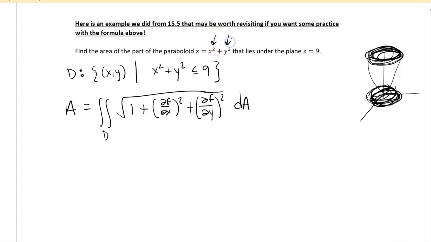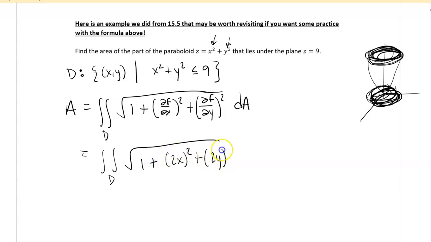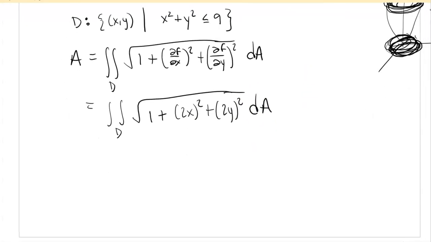Looking at our partial derivatives, that gives us the double integral over D of the square root of 1 plus (2x) squared plus (2y) squared dA, which equals the double integral over D of the square root of 1 plus 4 times (x squared plus y squared), where I factored out a 4.